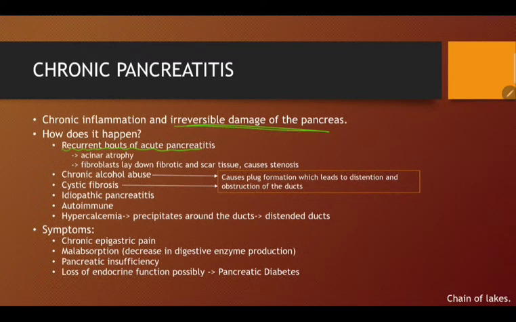What happens is the acinar cells have gone through enough, right? They have had destruction, they have been attacked by lipases, proteases, amylases, and so they're atrophying now, they're dying. And like in any scenario, after inflammation, when there are neutrophils and macrophages coming in, there are also fibroblasts coming in.